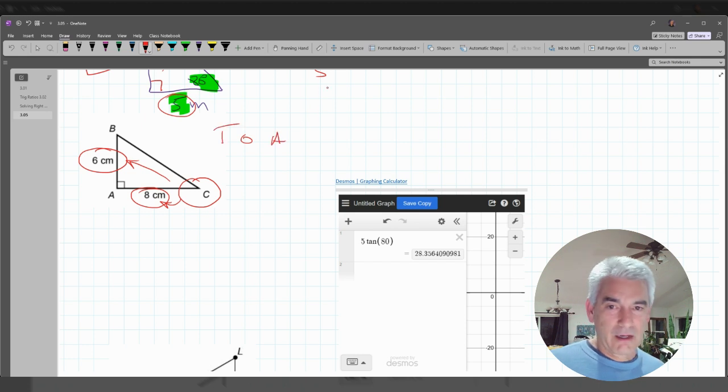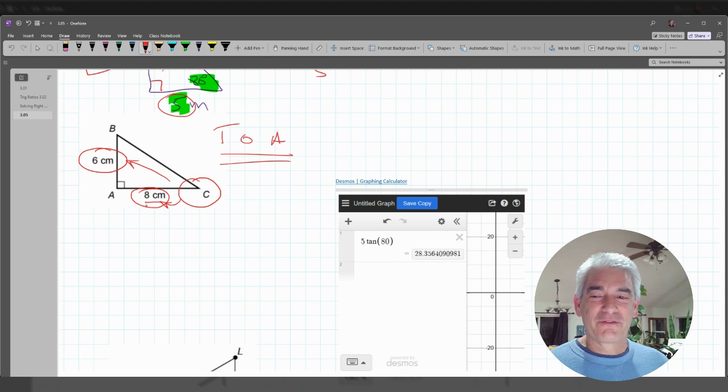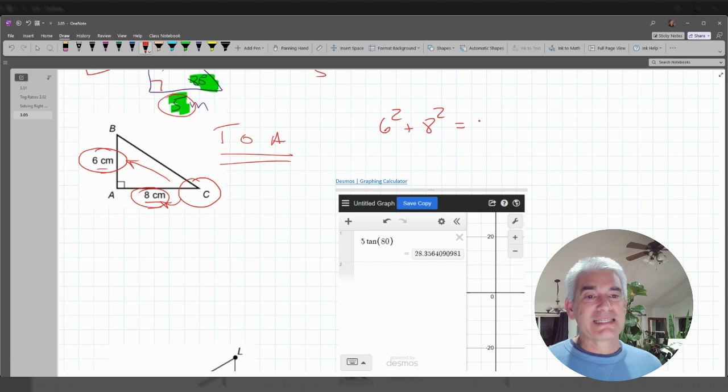Again, up here, the SOHCAHTOA thing, this is another case where tangent's the appropriate function. Although, since I know two sides of this right triangle, I could solve for the hypotenuse pretty easily. I could use the Pythagorean theorem. So 6 squared plus 8 squared equals a squared.